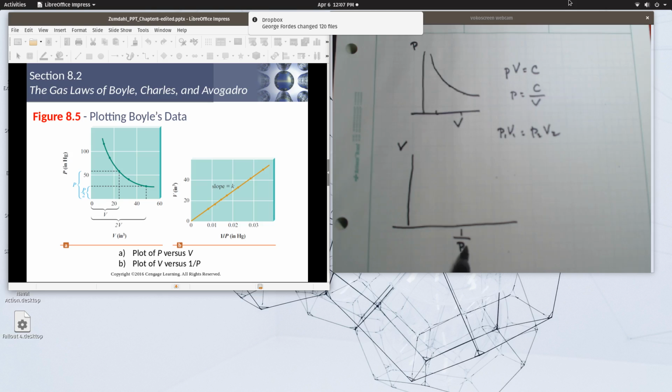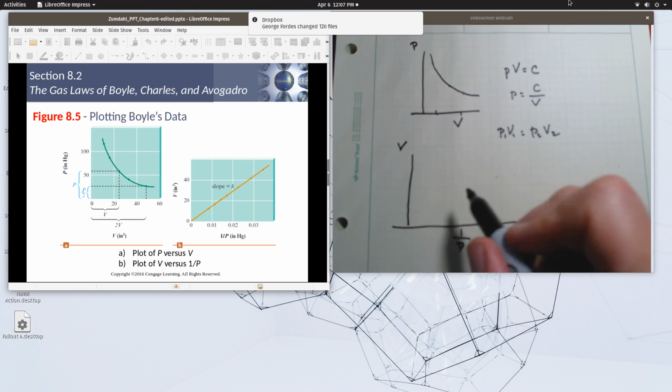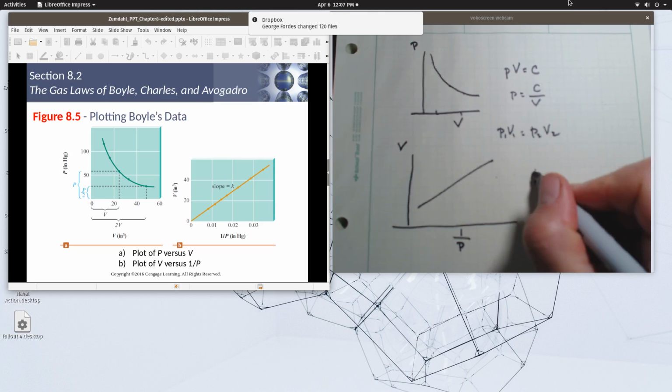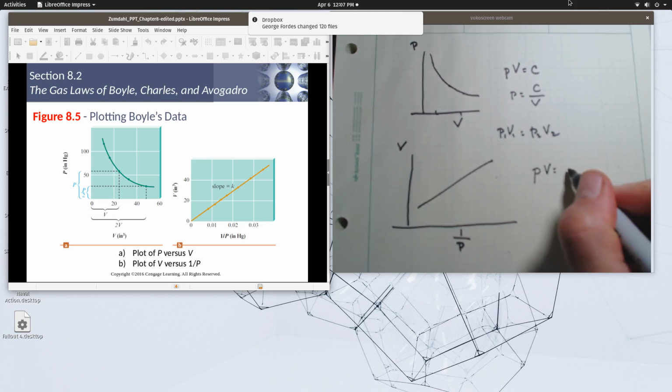But the issue is I will get a slope that would go like this. The key of this is that PV is equal to a constant, right? The slope is therefore going to be that constant.